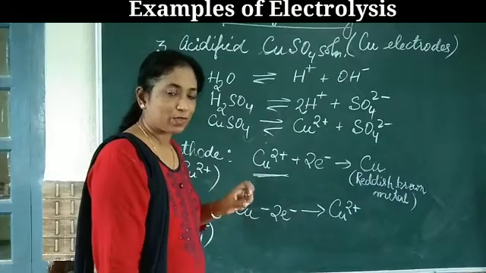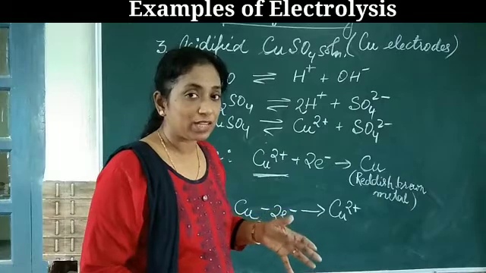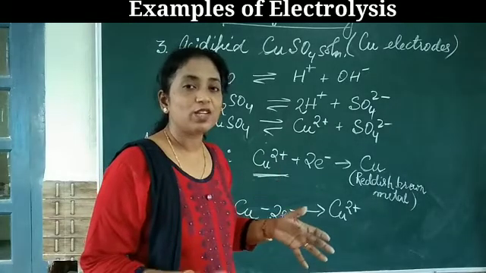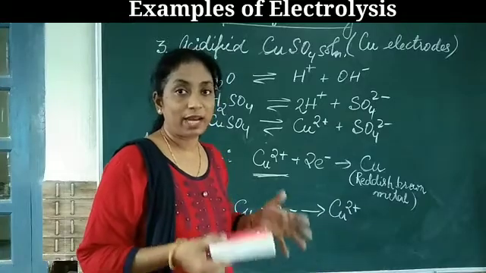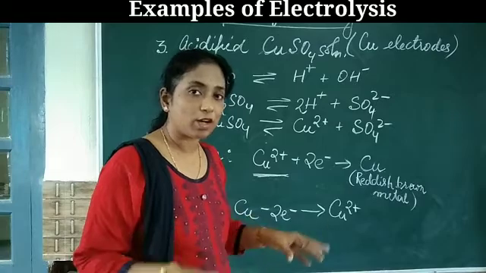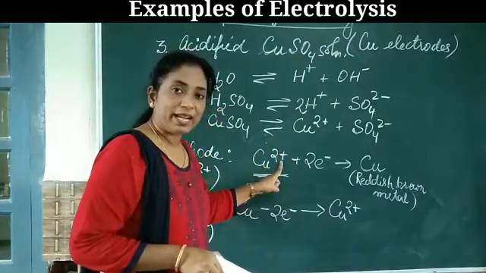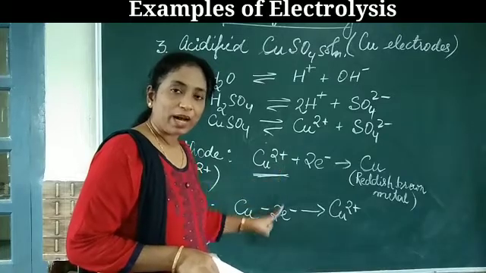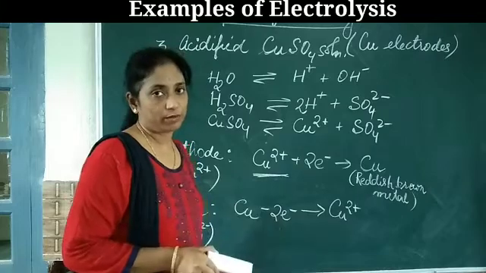So the concentration of Cu2 plus ions in the electrolyte remains constant. The number of Cu2 plus ions in the electrolyte remains constant. Why? Because for every copper ion discharged at the cathode, one copper ion is being produced at the anode.